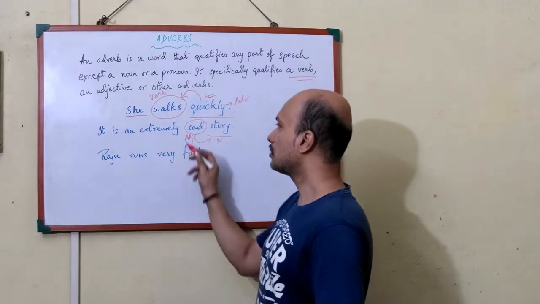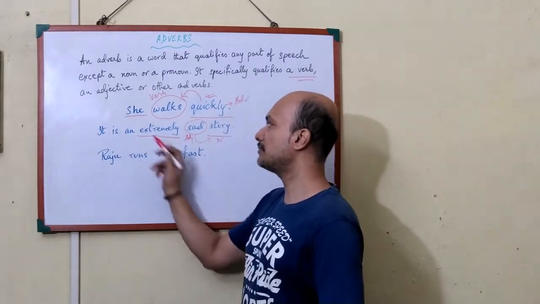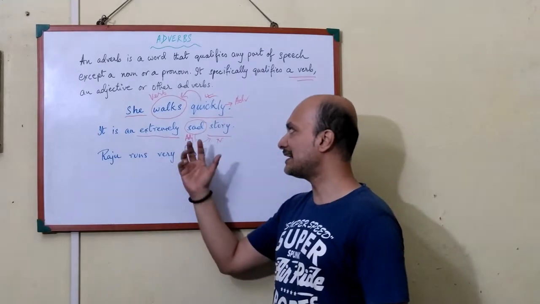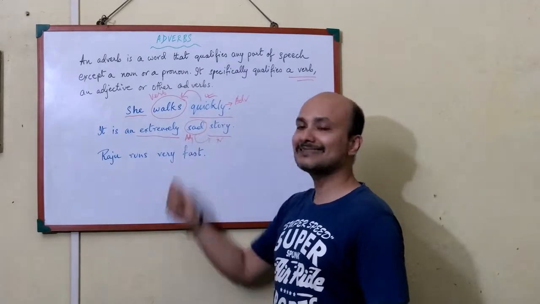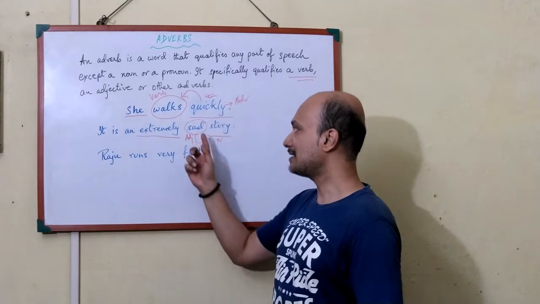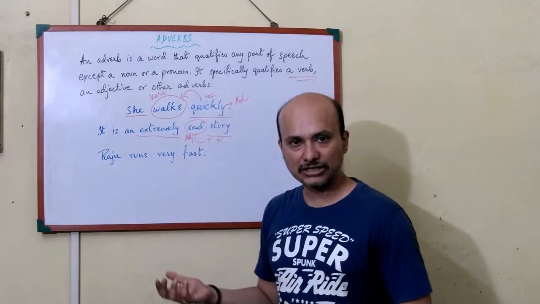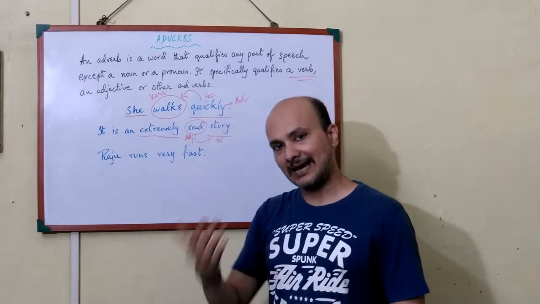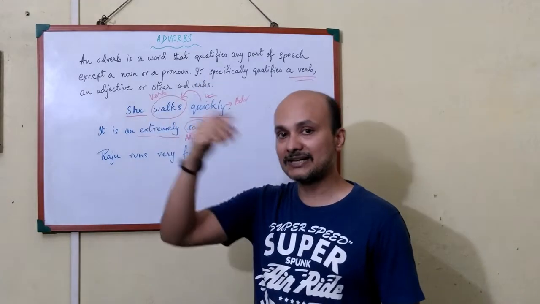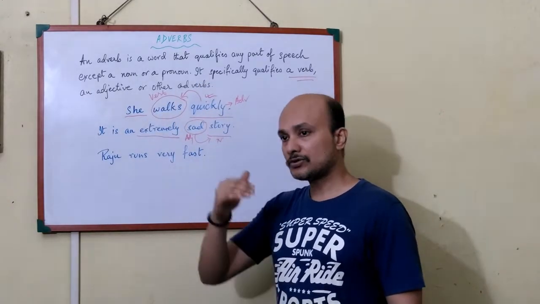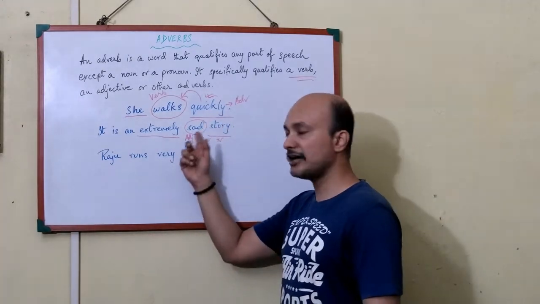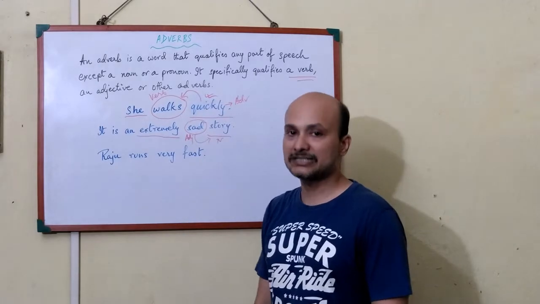Understood? Now, the word before this, extremely. What does it do? Again, it adds a certain degree to the manner of the sadness. Sad is the adjective. It tells us how sad the story is. It is a sad story. It is an extremely sad story. So that extremely adds an extra meaning to this particular adjective.